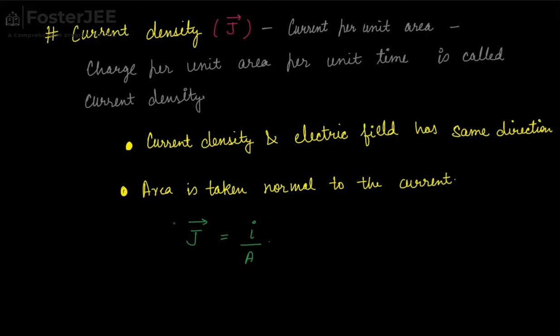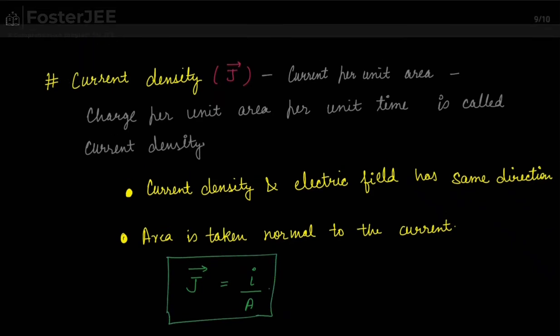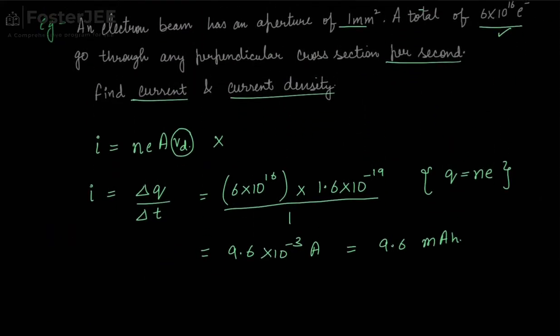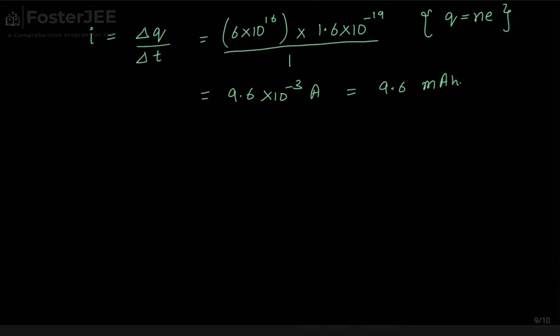Now, as we have seen what current density is, let's solve that problem. In this, we have to find the current density. We have calculated the current first, and now we can easily find the current density because the area is given. So current density J, or J vector, is current per unit area.